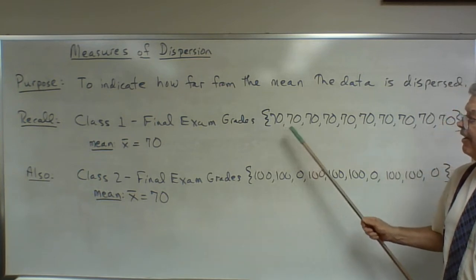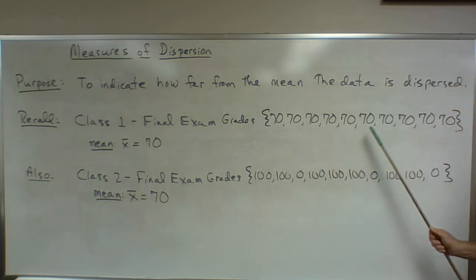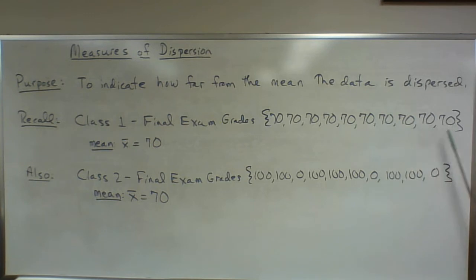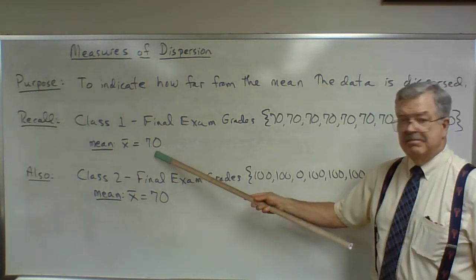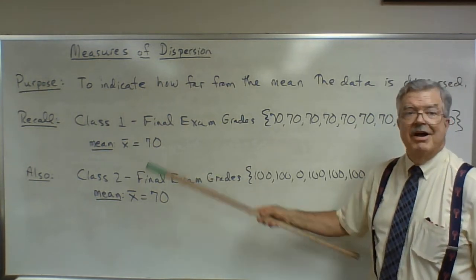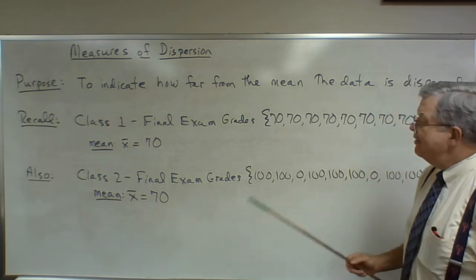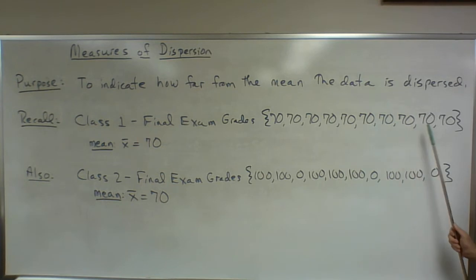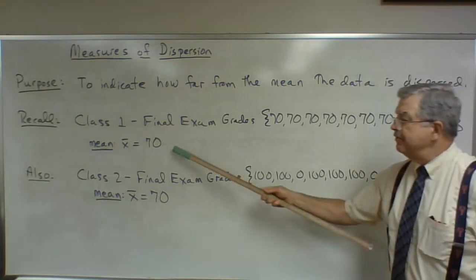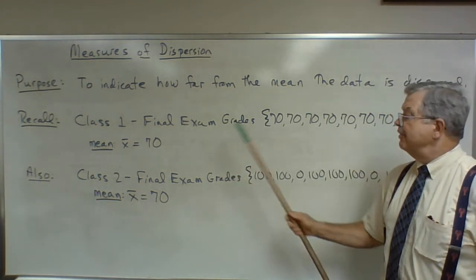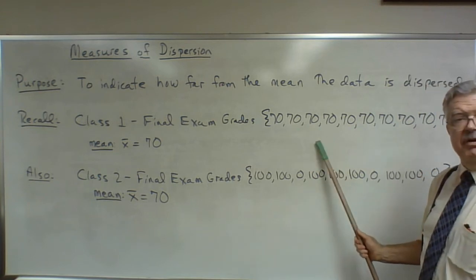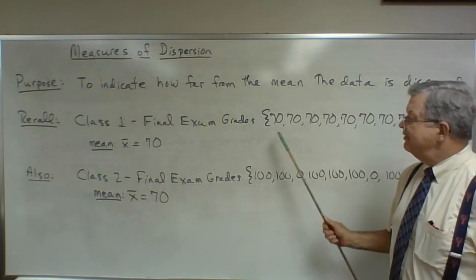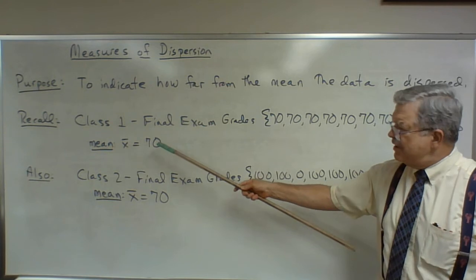Now, how far away are these data values from the mean? They're not far at all. As a matter of fact, every single one of these data values equals the mean. So these data values aren't dispersed at all.